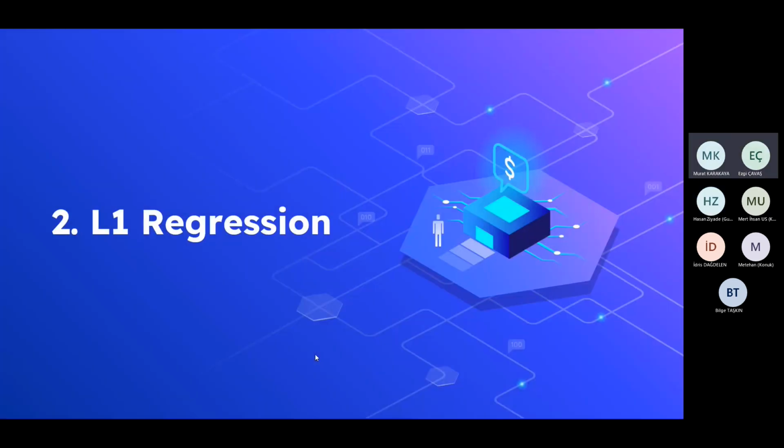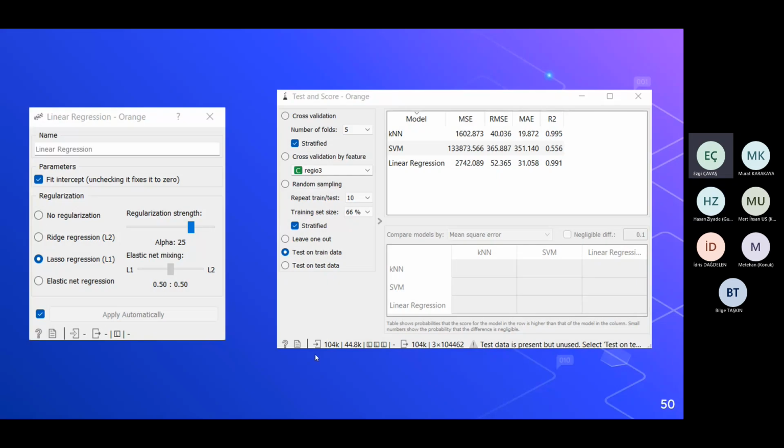Okay. Then we tried L1 regression, which is a regularization for linear regression. It can also be used to select features. We tried it with alpha 25, and our result for R2 was 0.991.